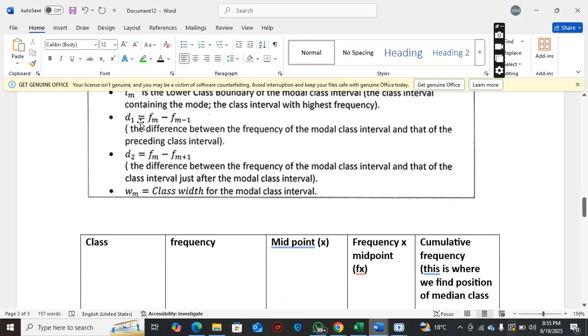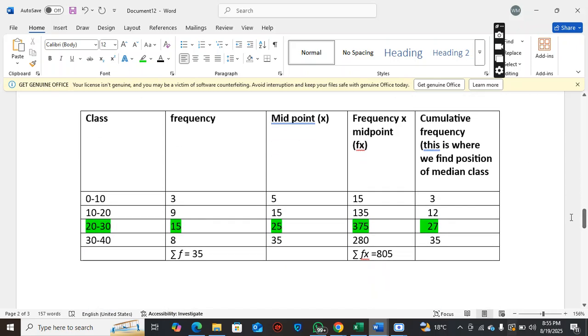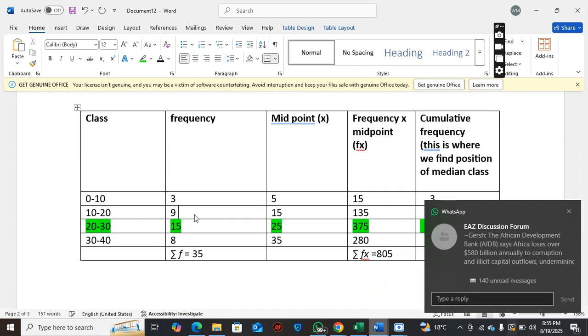Then D1 is the frequency of the modal class, this Fm, minus the frequency of the class before the modal class, which is Fm minus 1.